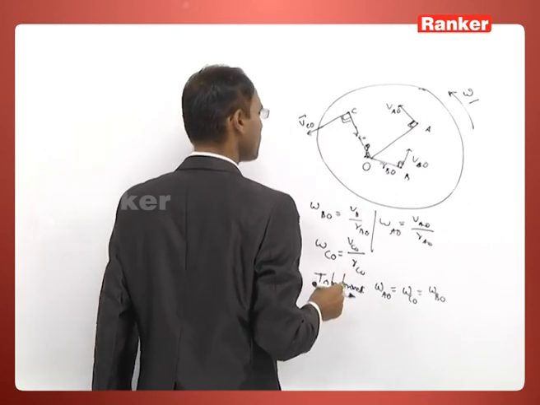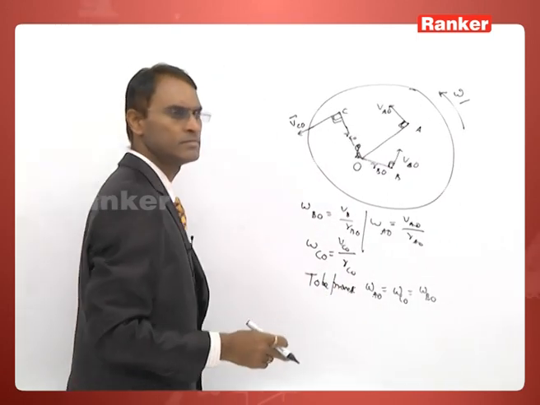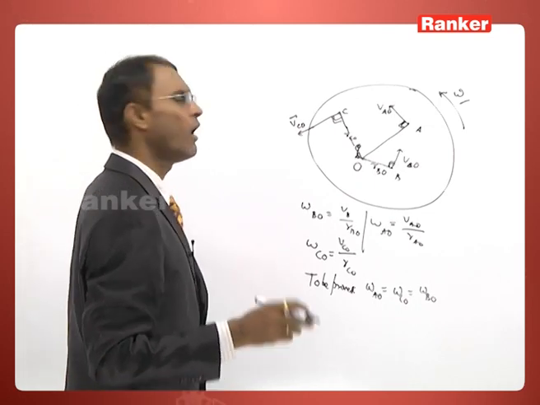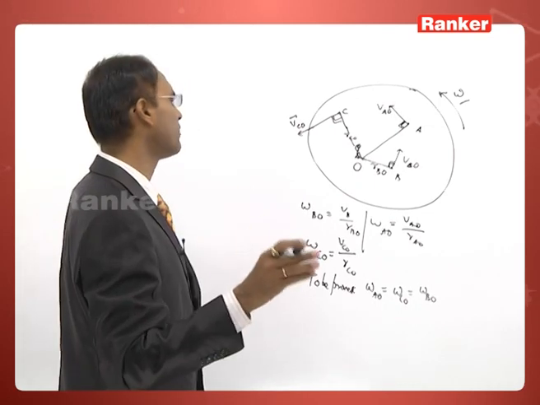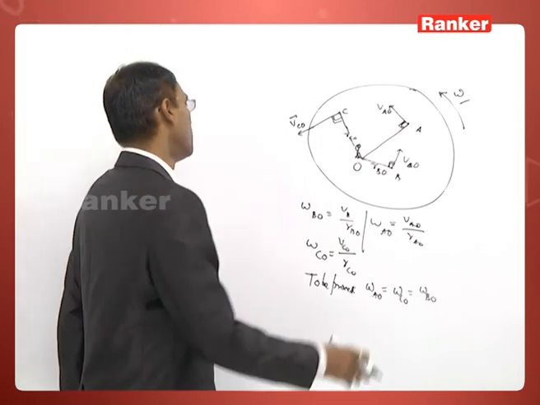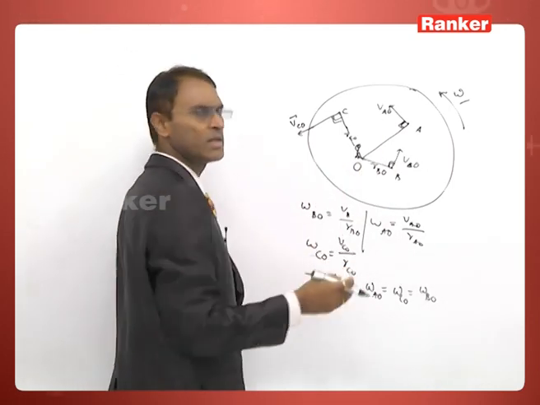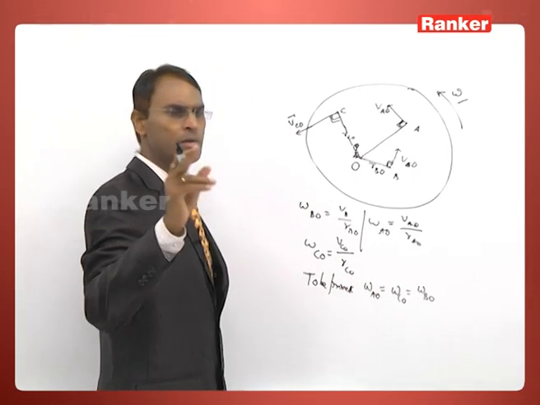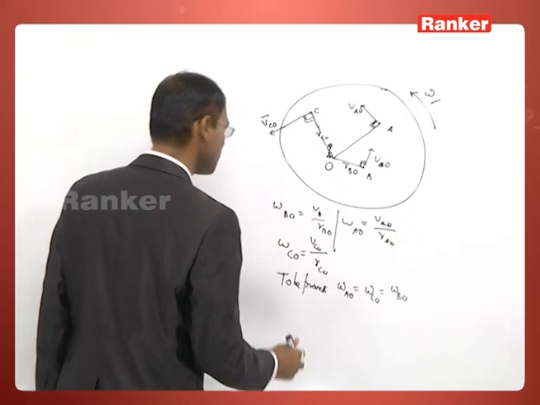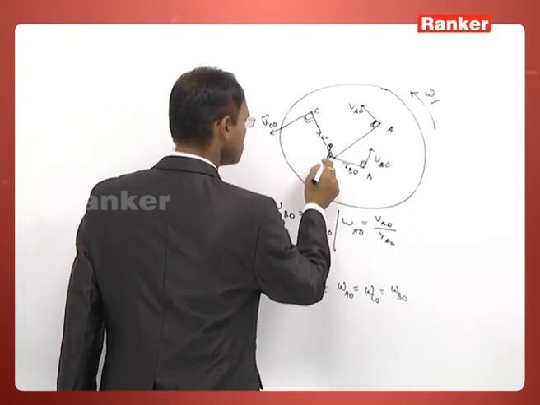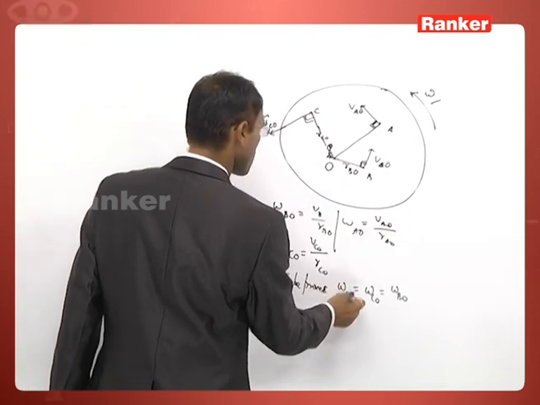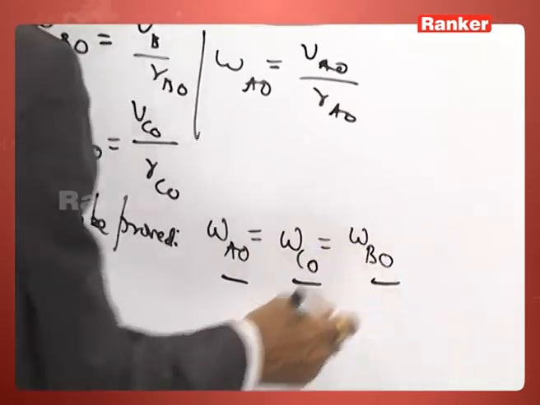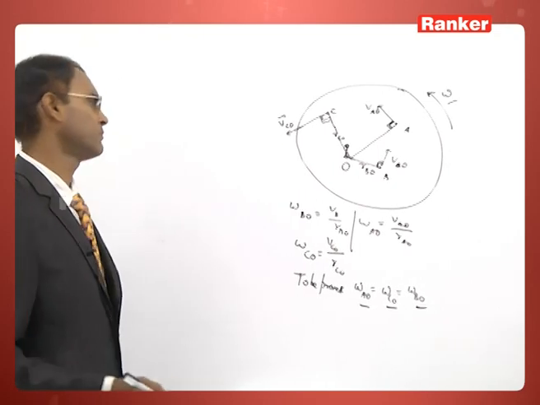All the straight lines will rotate through the same angle d theta during any time interval dt, or del theta during any time interval del t. So all the straight lines will rotate in the same sense through the same angle during a given time interval. In other words, the angular velocities of this straight line AO, this straight line CO, this straight line BO are equal to each other.